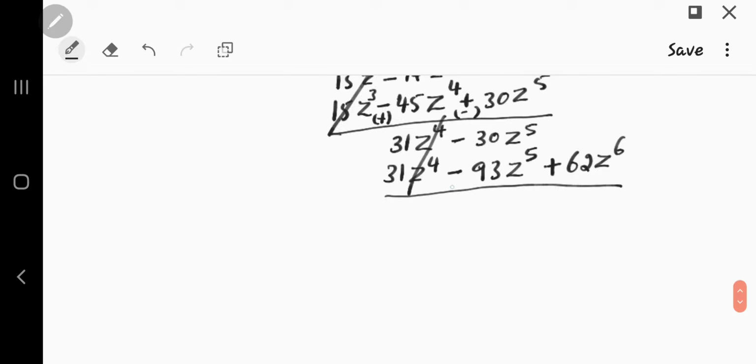So this gets cancelled here. This is plus and this is minus. We'll get 63z to the power of 5 minus 62z to the power of 6. And this will keep on going. Now you can stop here.